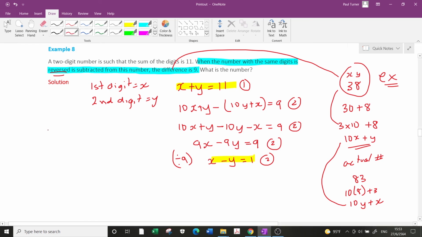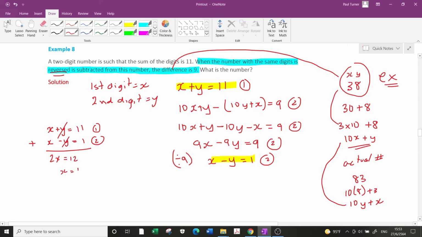So the first one, let's try to solve them. So x plus y equals 11. And this is x minus y equals 1. So how about we add the equations? X plus x, 2x, y minus y is 0. 11 plus 1 is 12.